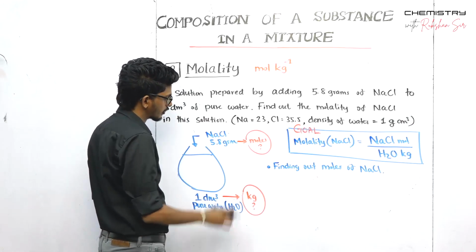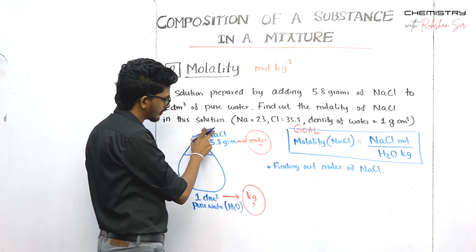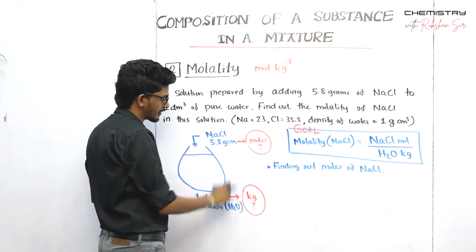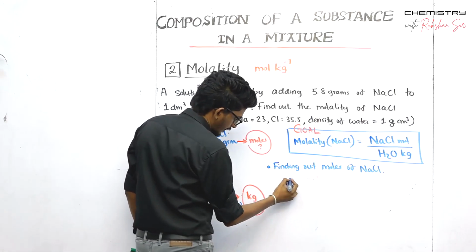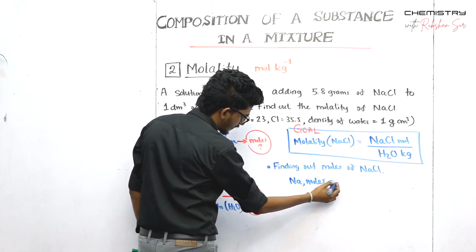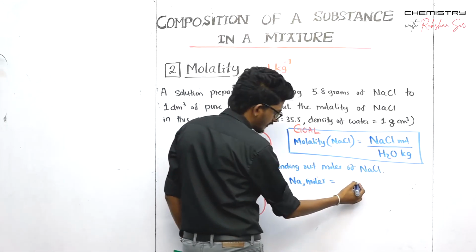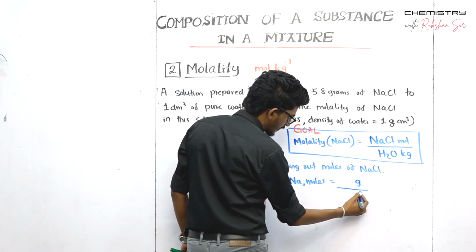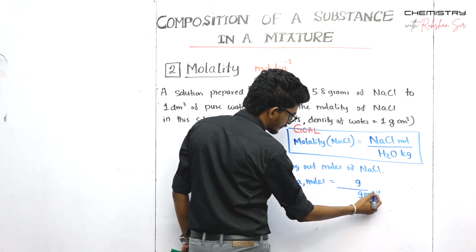So basically we need the g mol minus 1 value. With the g value, we can come up with the moles. So moles of NaCl is equal to its g value divided by the g mol minus 1 value.